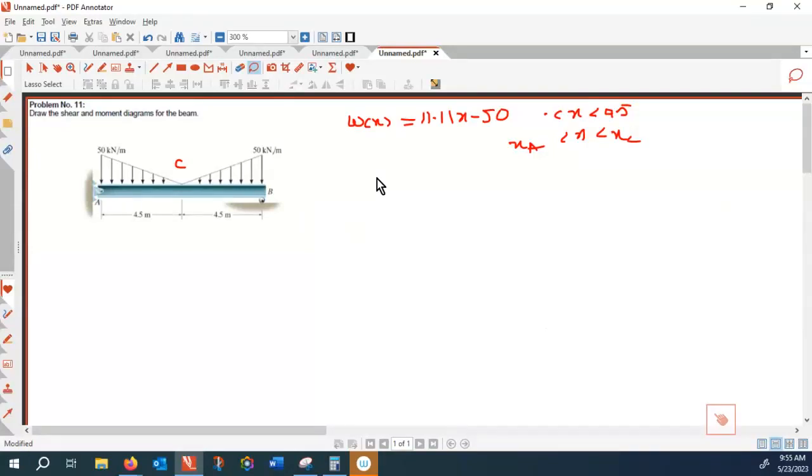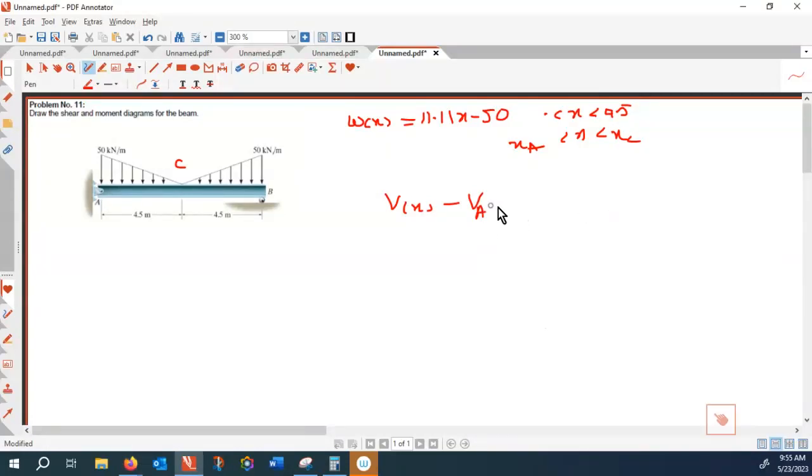Next, I know that dV, which is V of x minus V of A. What is V of A? One step we skipped was to calculate the reaction forces. So you have to find the reaction forces. If you solve the reaction forces, that is 112.5.